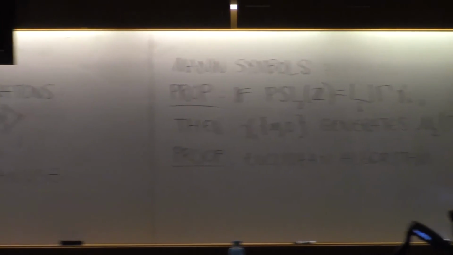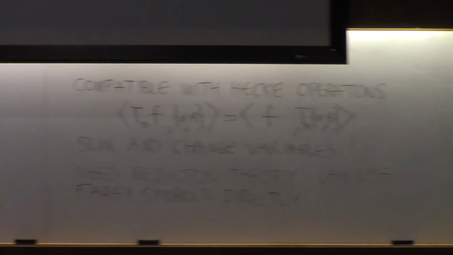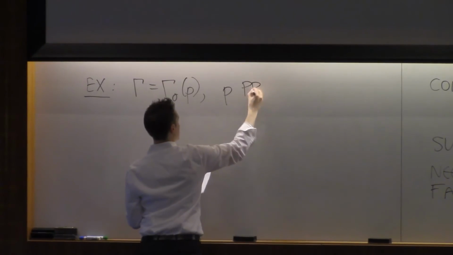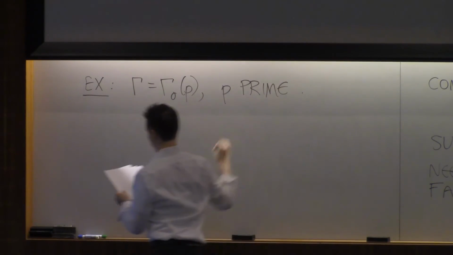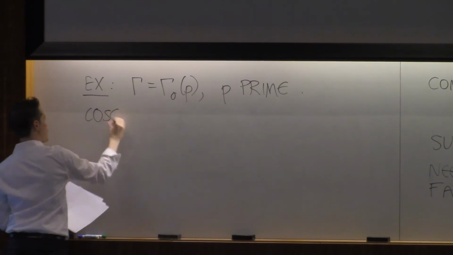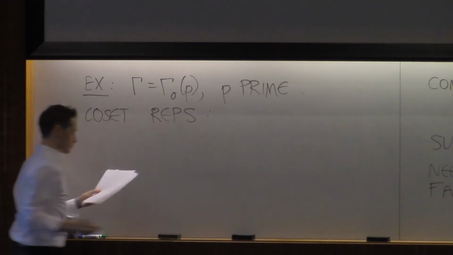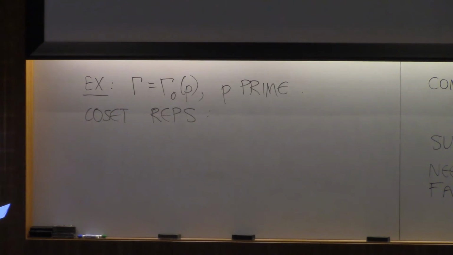So what does that mean, for example, for gamma equals gamma 0 of P, with P prime? There is a set of left coset representatives which looks very similar to the representatives I wrote down for theta.